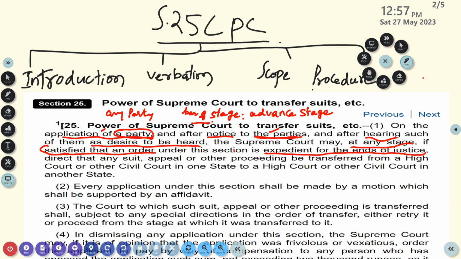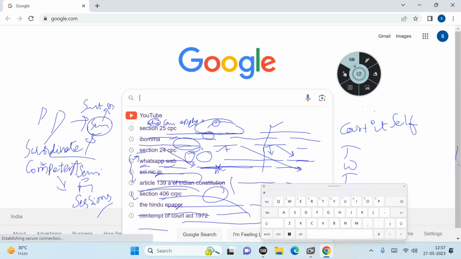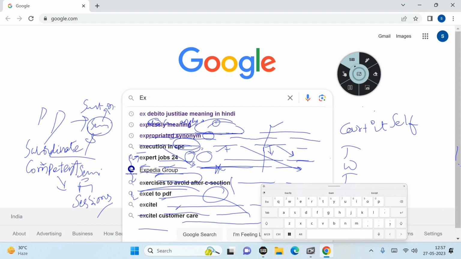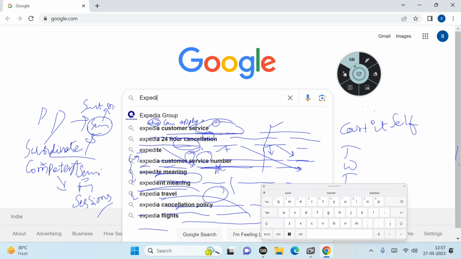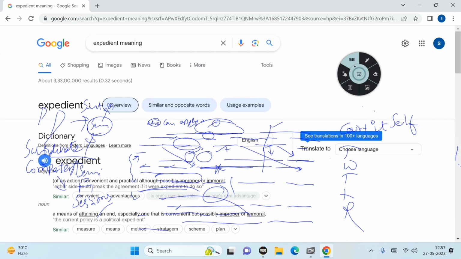What is the meaning of expedient? So we understand it in a better way. Convenient and practical, although possibly improper or immoral. A means of attaining an end, especially one that is convenient but possibly improper or immoral.